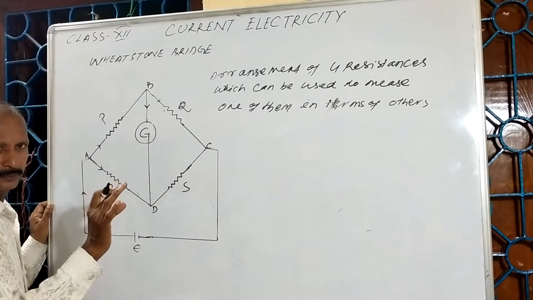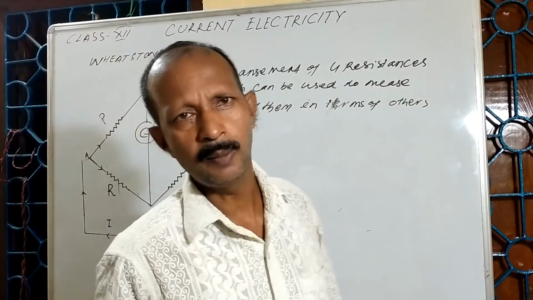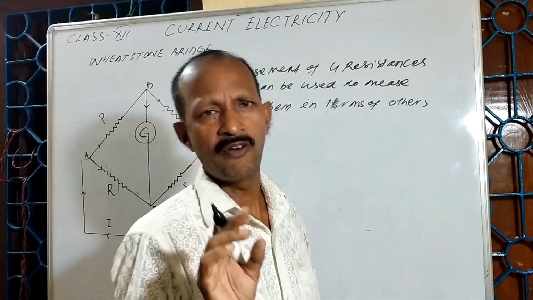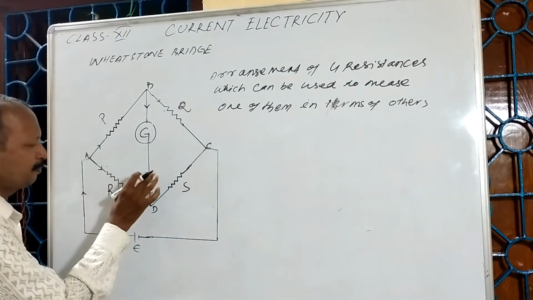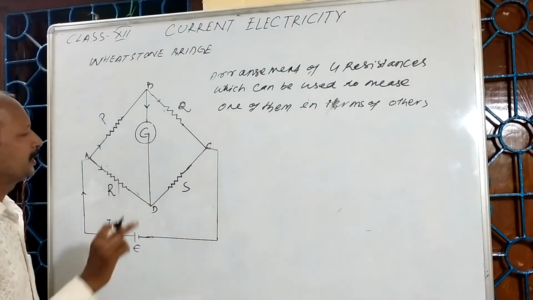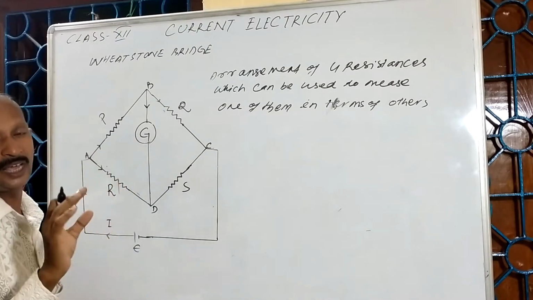But when the current is flowing, at that time we say the bridge is in an unbalanced condition. To find the resistance of the unknown resistor, we have to bring this bridge to the balanced condition. Balanced condition means the time when there is no deflection in the galvanometer.